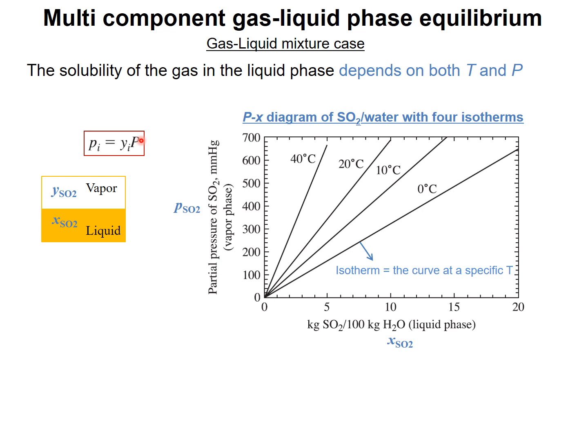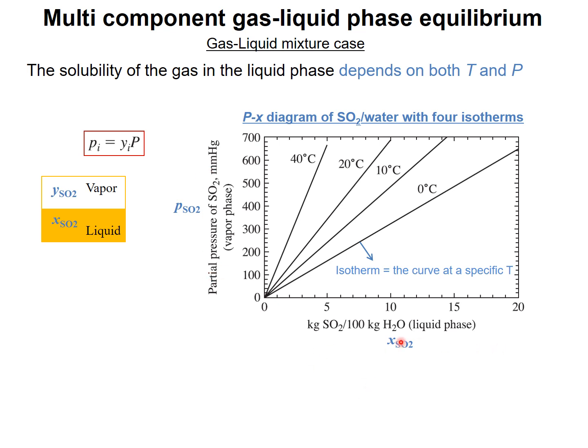So if you know the total pressure, you can easily convert the partial pressure of SO2 to the mole fraction of SO2 in the vapor phase. So again, the liquid part goes to the x-axis, and the vapor part goes to the y-axis. So right now we have pressure and composition.